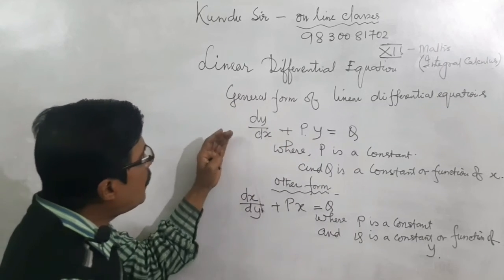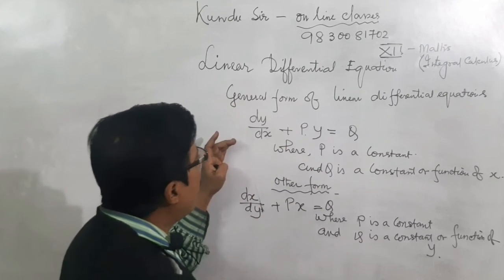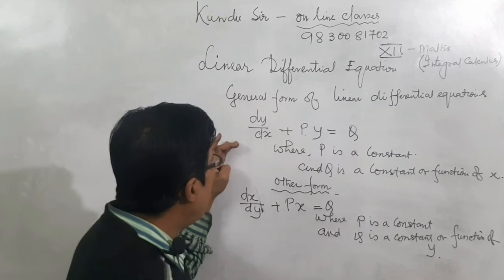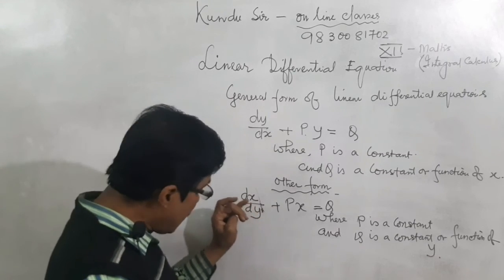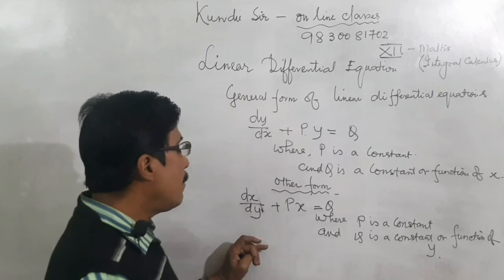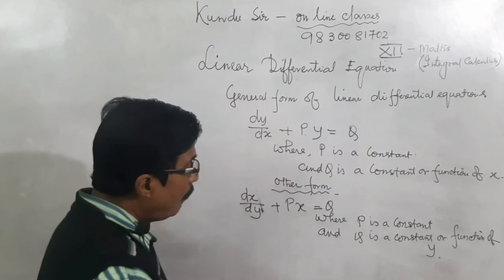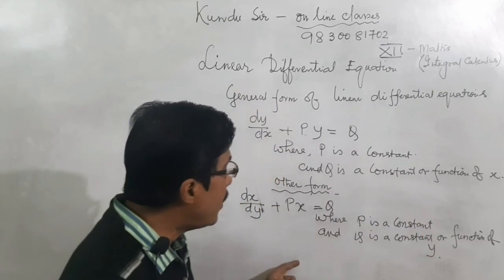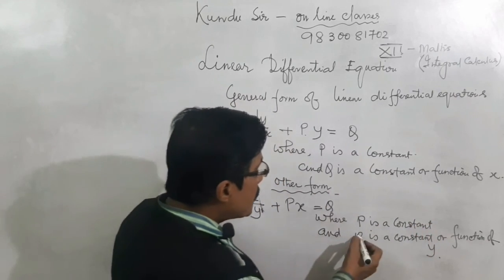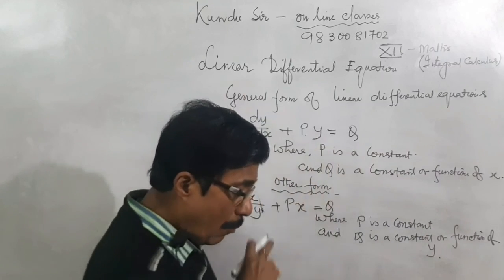The other form of this linear differential equation, dx upon dy plus px equal to q, where p is a constant and q is a constant or function of y.